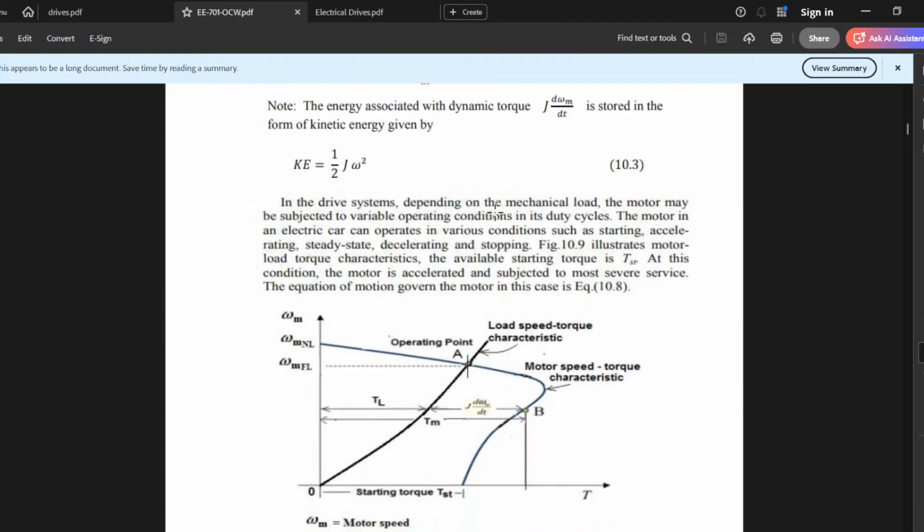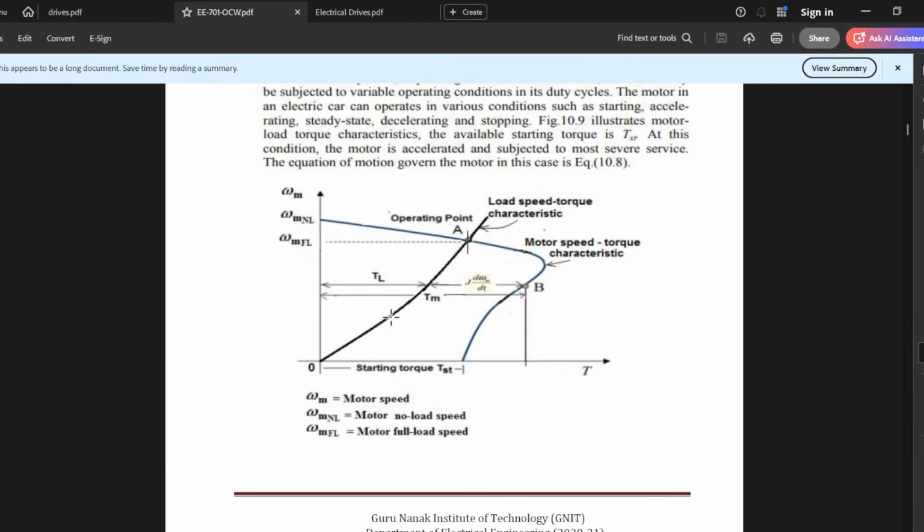In the drive system, depending upon the load, the motor may be subjected to duty cycles. The motor in an electric car can operate in various conditions such as starting, accelerating, steady state, decelerating, and stopping. So this figure illustrates the motor load torque characteristics. So this is motor speed, no load and full load.